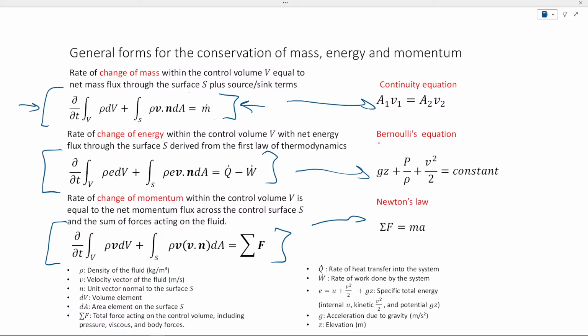But if your problem is changing in 2 or 3D, and if your problem is also changing in time, and if your problem is also changing across the boundary, and if your problem has also source and sink terms, then this guy will not be useful, but this guy will be useful, and that's how you build your models.